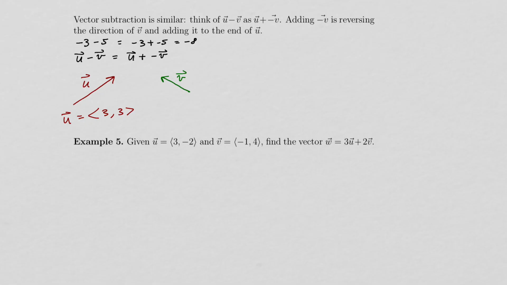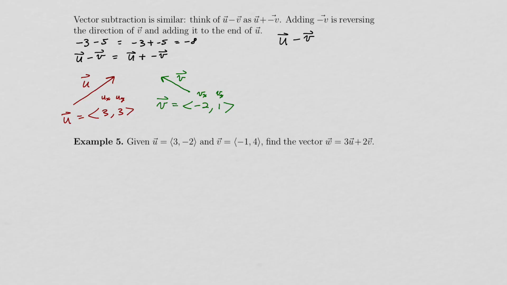It has components -2, 1, because I'm going to the left 2 and up 1. So this is ux, uy, and this is vx, vy. And I want to find u minus v.